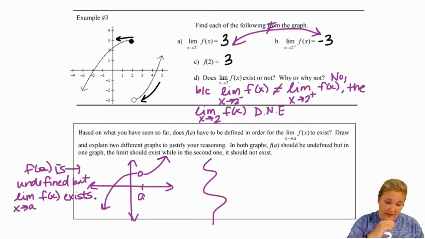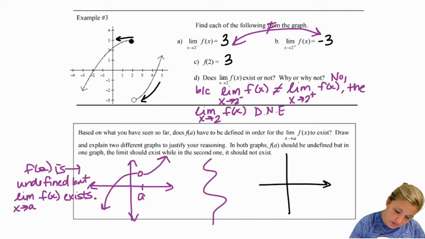Now, if you have some sort of jump, so if we were to have something like this, let's see here, if I can draw this. So let's say we have a hole here, and we have a hole here, and maybe it goes down like this.